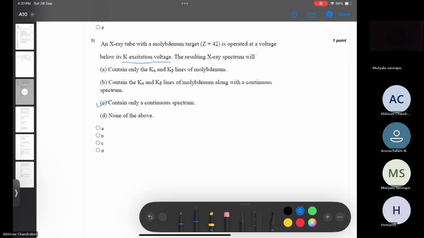So electrons from the K shell will not get knocked out. As a result, there will not be any possibility of K alpha or K beta lines, since for these you need to have a vacancy in the K shell. So we will not see these characteristic lines. We'll only see a continuous spectrum.